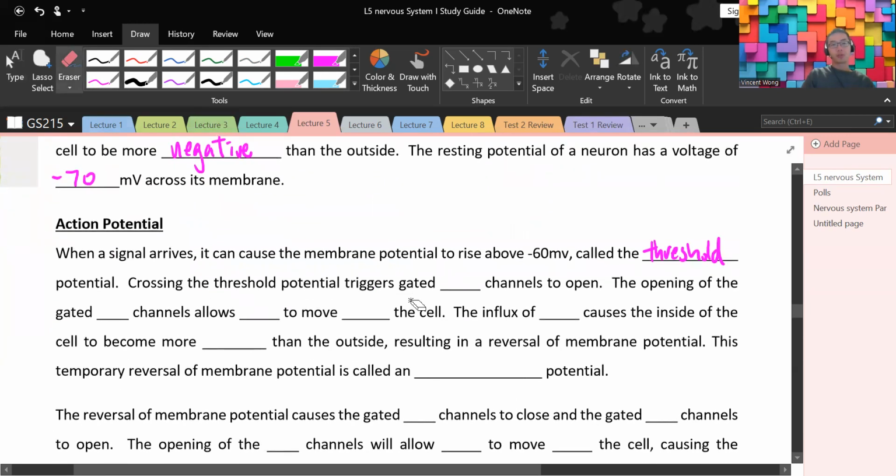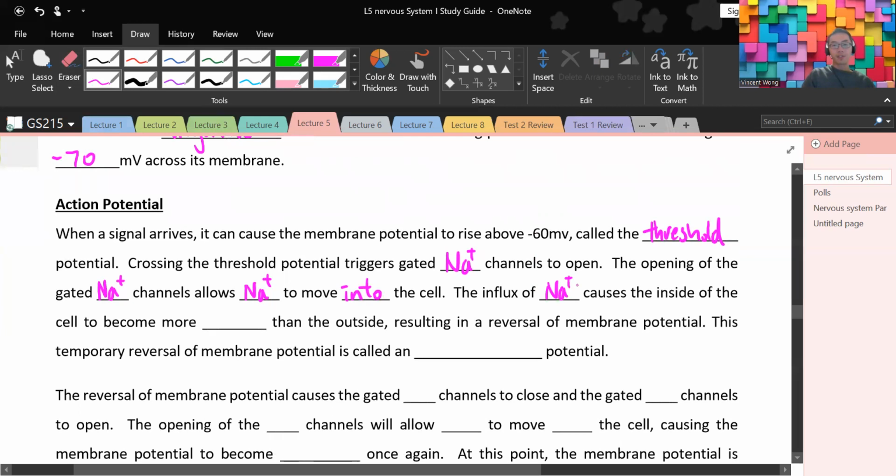Crossing the threshold potential triggers gated sodium channels to open. The opening of the gated sodium channels allows sodium to move, and you should know that by now, into the cell.